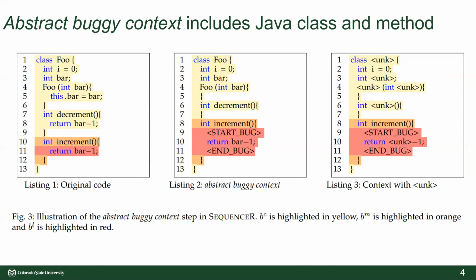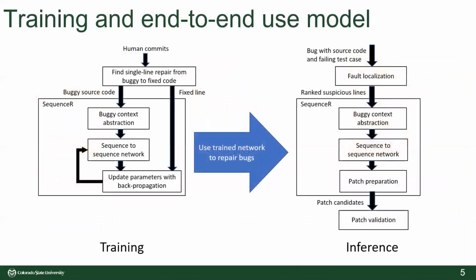The way we train our model is to mine GitHub and find a variety of actual human commits that presumably change buggy source code by only one line and create a fixed line for that bug. And we train SequenceR by updating the parameters using backpropagation so that the sequence-to-sequence network learns how to translate buggy code into fixed code.